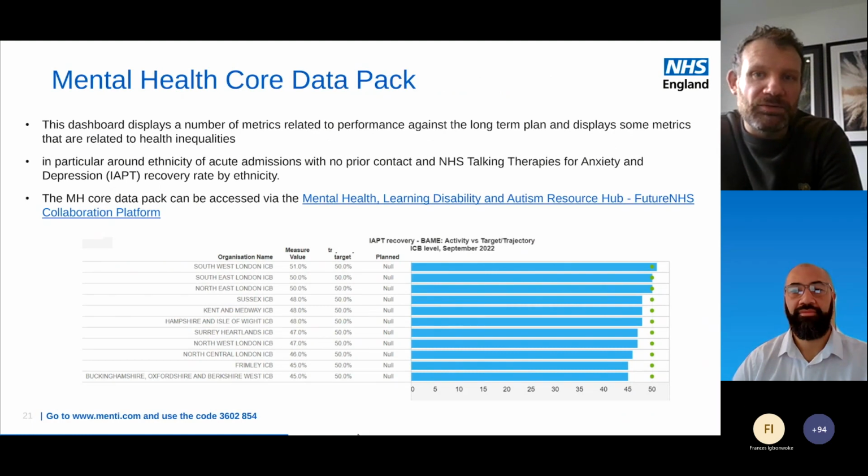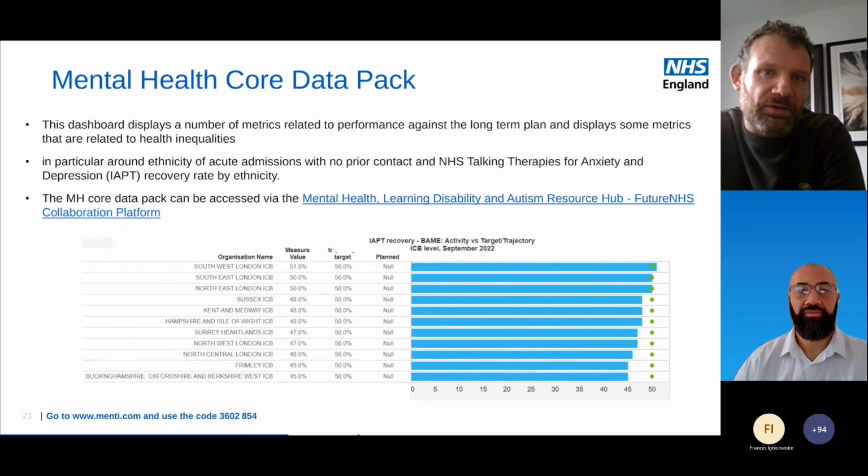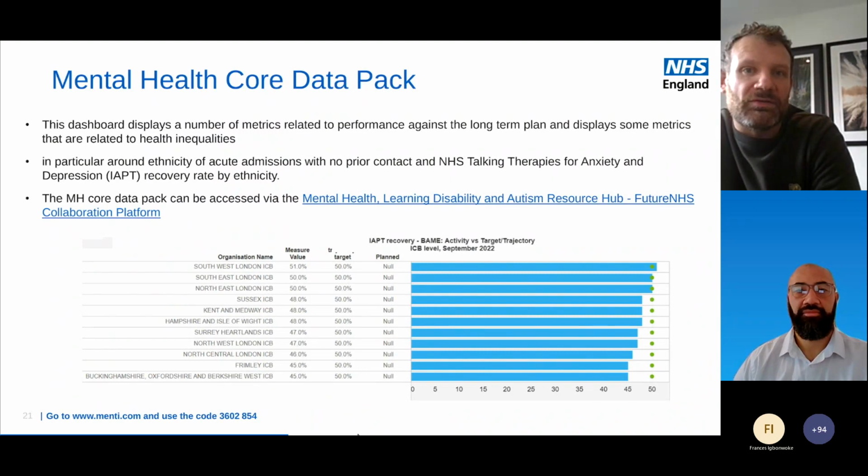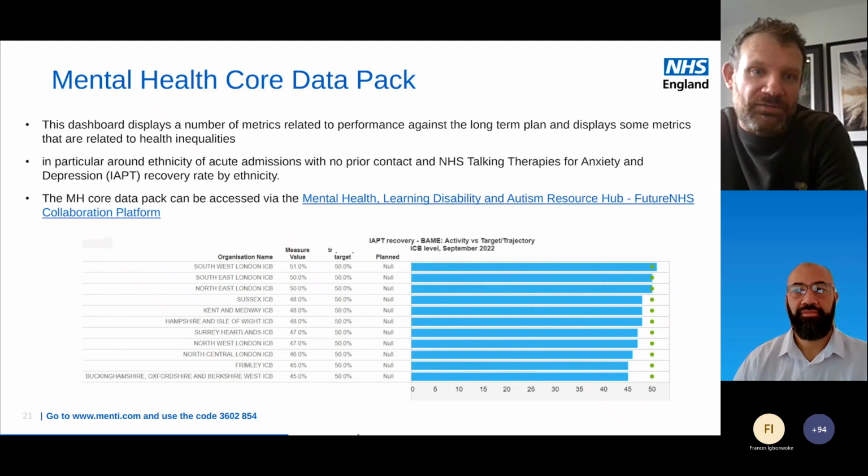So then there's the Mental Health Core Data Pack, which again, some of you may be familiar with. This is NHS management information produced by NHS England. So this sits on the Future Collaboration site and summarises performance across long-term plan metrics and other priority national measures. And it does include 4 equality-focused measures for NHS Talking Therapies for anxiety and depression, what was IAPT, as well as adult acute admissions with no contact with the mental health service in the year before, and long lengths of stay for adults and older adults.